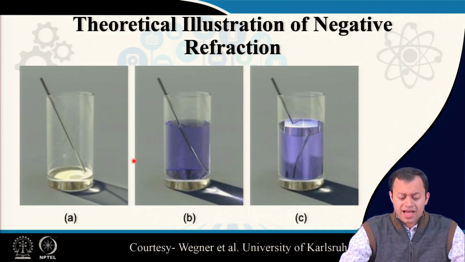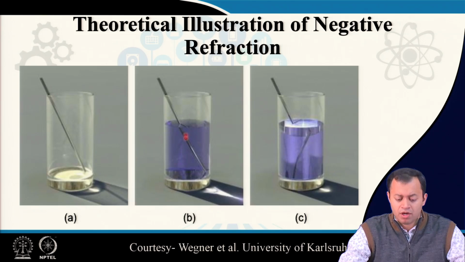Why? Because light travels from air to the glass to the water and then it comes out in the same way, and there is a change in refractive index. Light will bend according to Snell's law from this medium to this medium to the inside medium, and as a result the spoon will look bent.